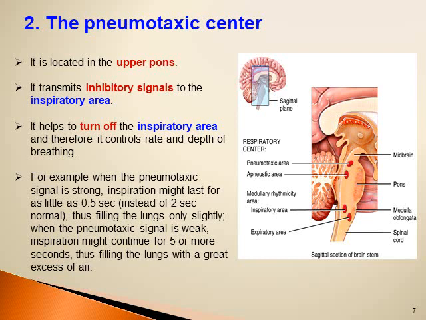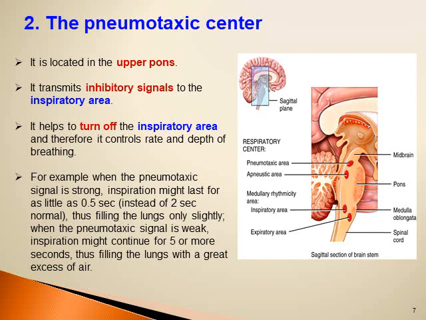So if we have very short duration of inspiratory area activity, this will cause contraction of the inspiratory muscles for only that duration, and this will lead to slight filling of the lungs with air.